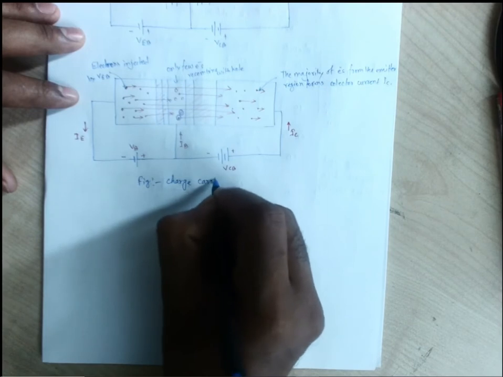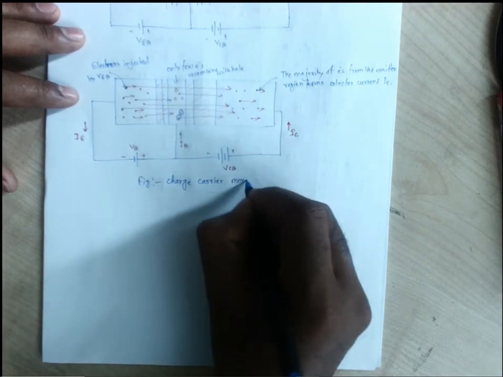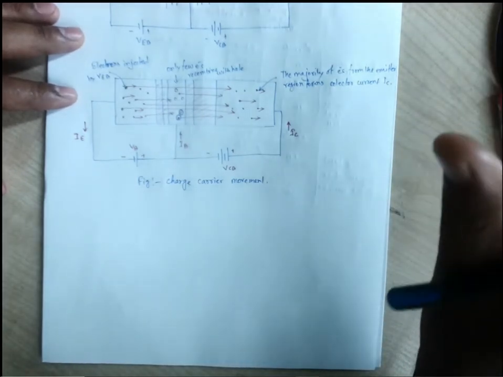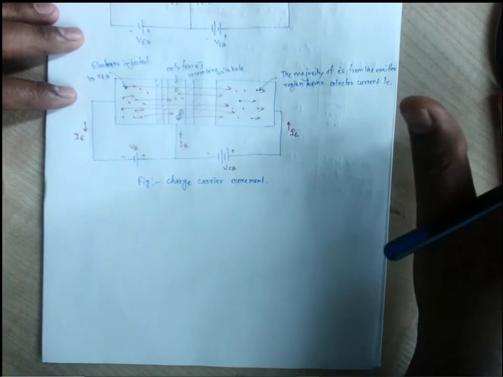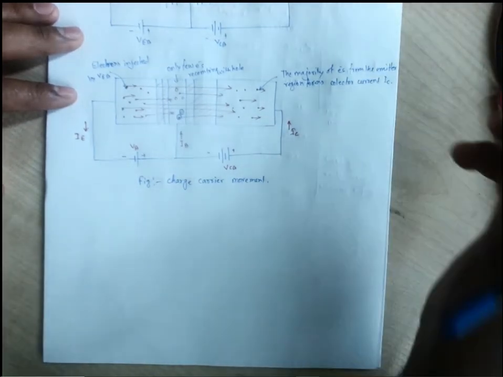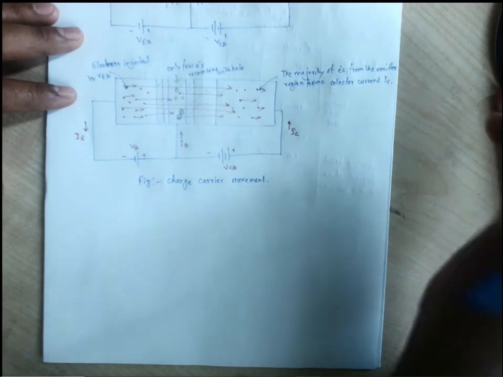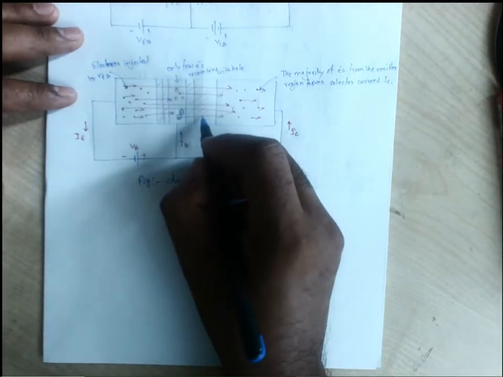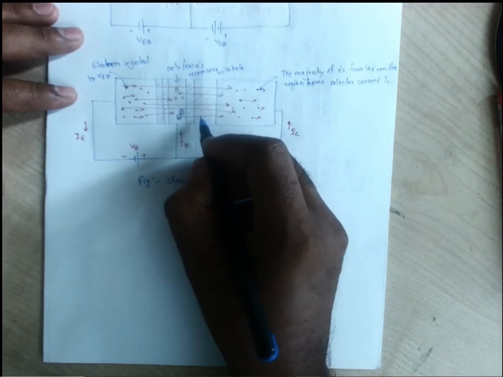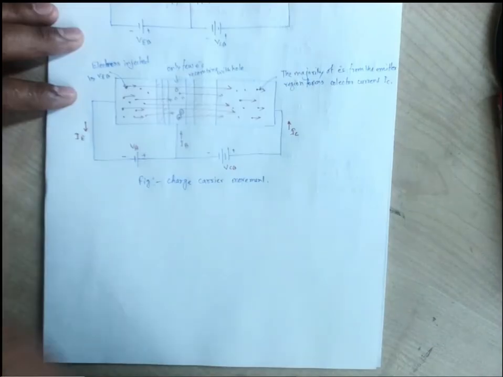Here we have not considered the minority charge carrier movement. We have considered only the majority charge carrier movement. We'll go into that also: what is the influence of the minority charge carriers? Because here, as it has the reverse bias, obviously minority charge carriers will find a certain forward bias, so they will also have certain influence.